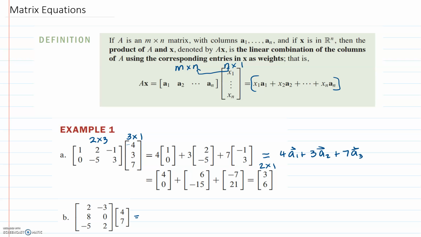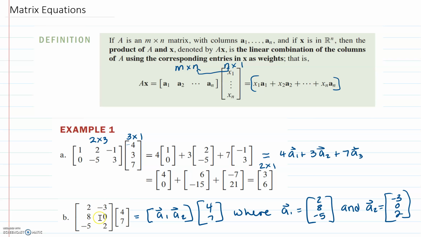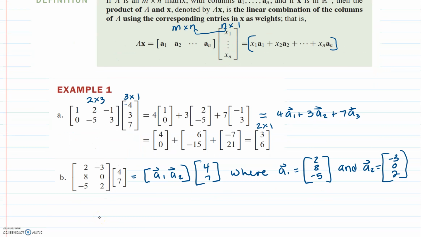Let's try part B. So I'm going to let A be A1, A2. There's two columns this time. Times our 4, 7, where A1 is our first column, A2 is our second column. If I multiply these, I'm going to get 4A1 plus 7A2, which is the same as 4 times our first column plus 7 times our second.